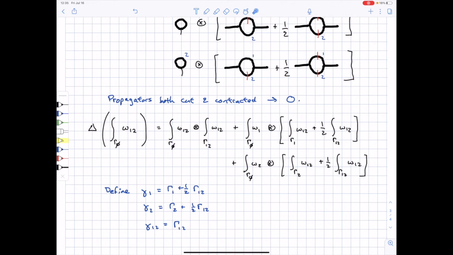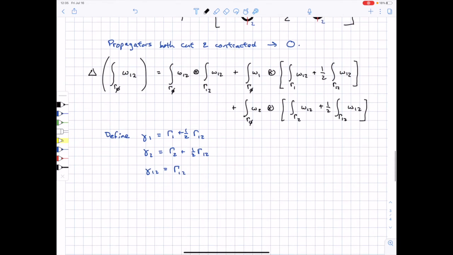So this brings the full coaction into a really uniform expression where we have pairs of integrands and contours that go together.